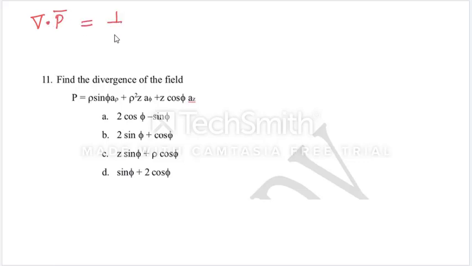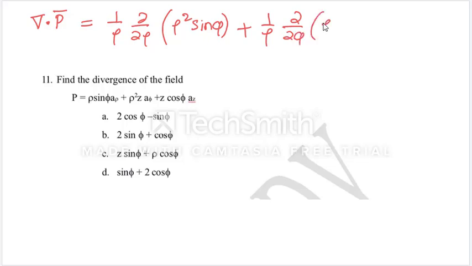That is 1 by rho into what? First term will be modified now. Dou by dou rho of what? Rho. That is rho square into sin phi plus 1 by rho into dou by dou phi of rho square z plus this derivative directly we can say cos phi.